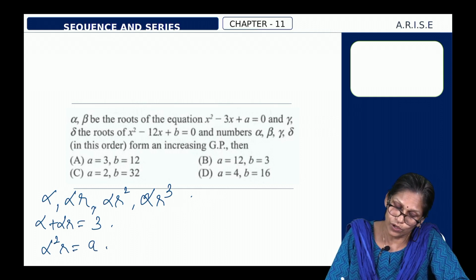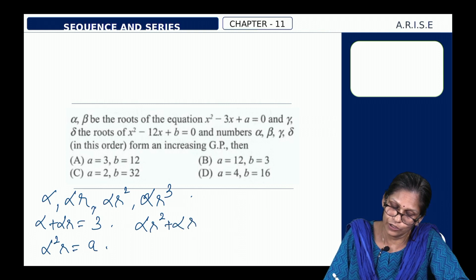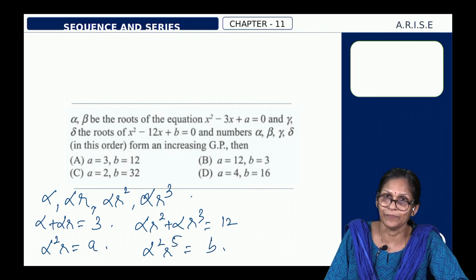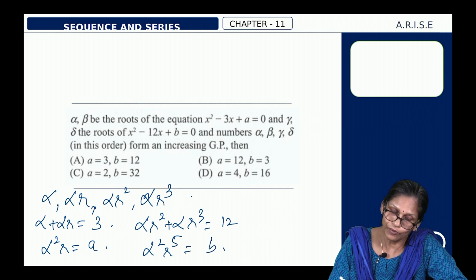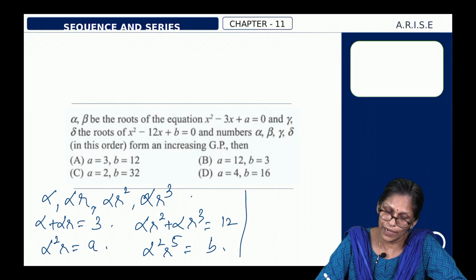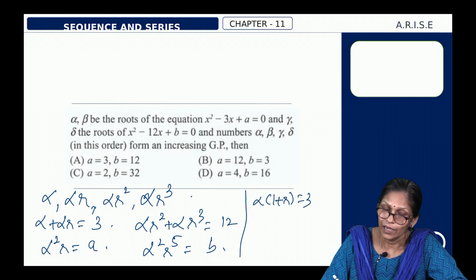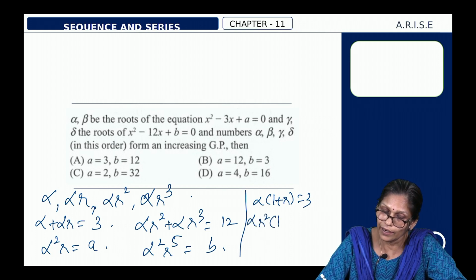In the second, what is the sum of the roots? Alpha r squared plus alpha into r cubed is 12, and alpha squared r raised to 5 is b. So, from the first equation, what do you get? Alpha into 1 plus r is 3. From this equation, alpha r squared into 1 plus r is 12.